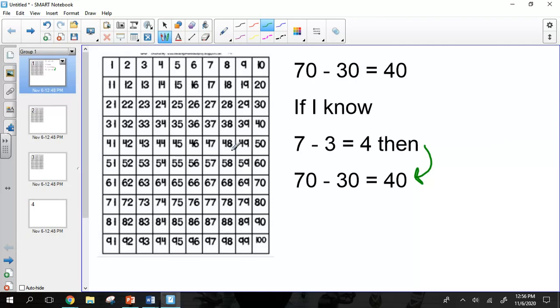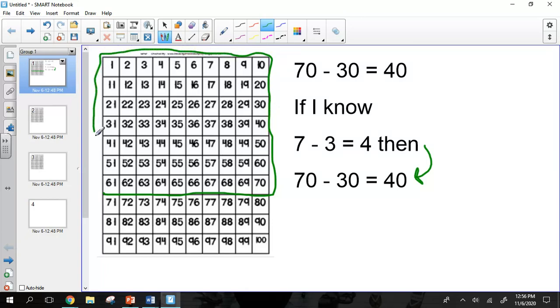Let's look at this on the 100 chart and how we could go about checking this out on our 100 chart. So one thing I like to do with subtraction is I like to box off the whole part that we're working with, because in subtraction right here, we've already got our whole. So I know that the whole amount I have is 70.